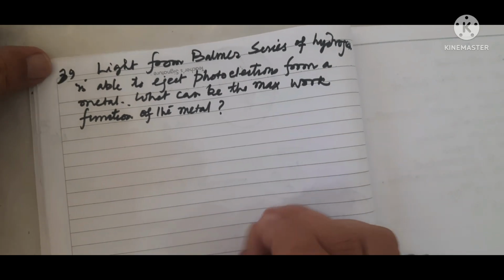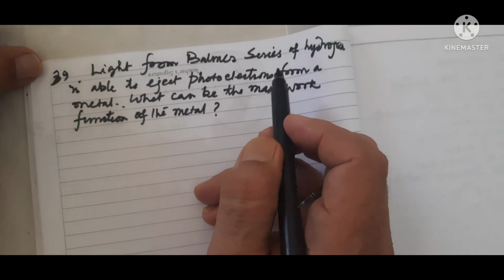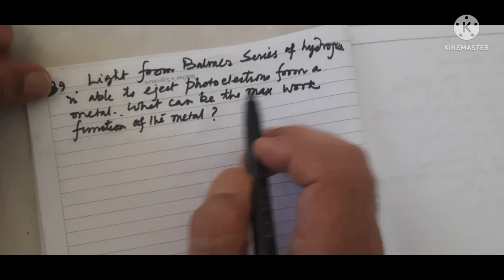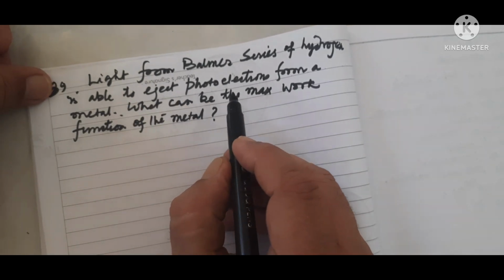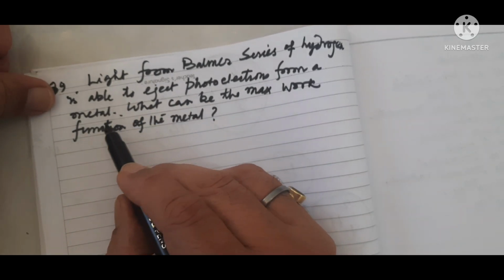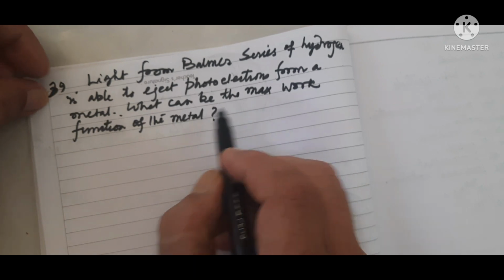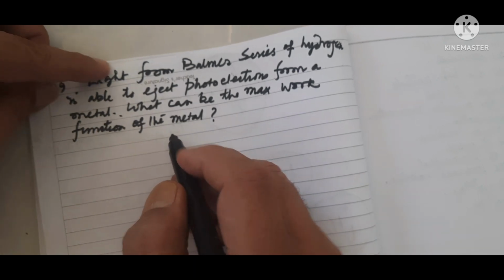Another question, light from Balmer series in hydrogen atom is able to eject photoelectrons from a metal. What can be the maximum work function of the metal?